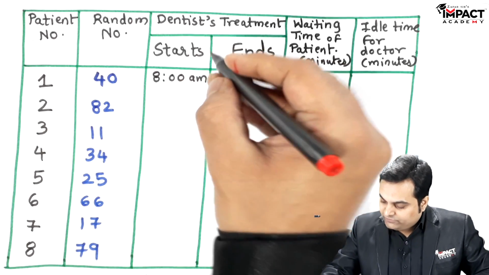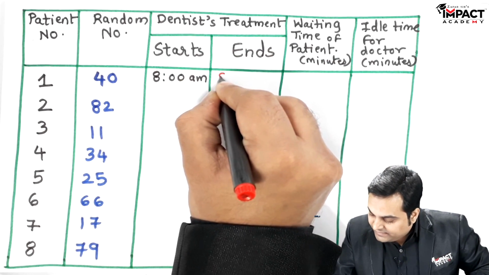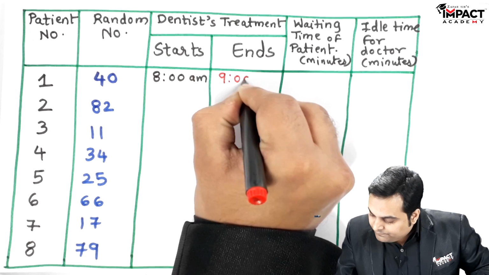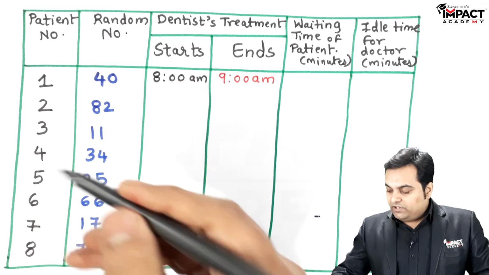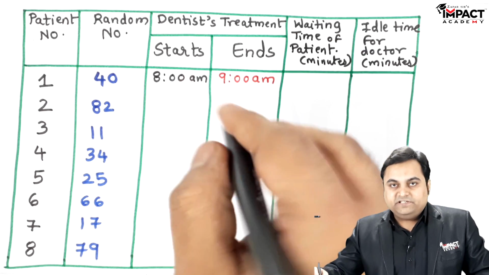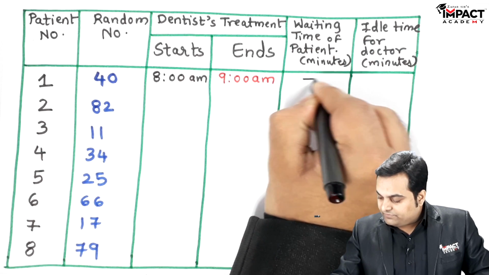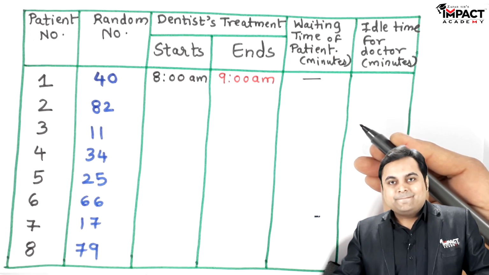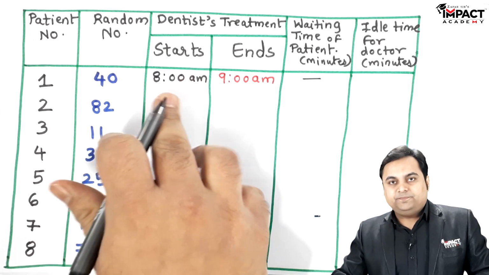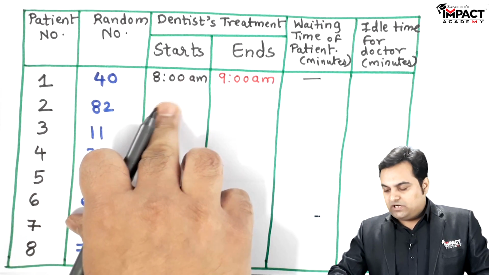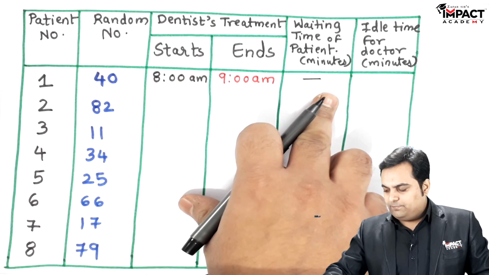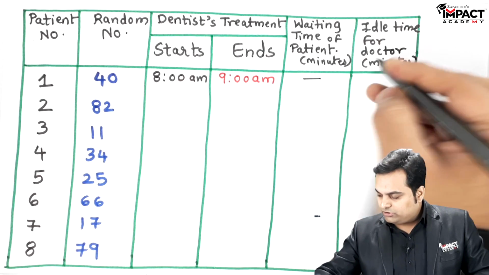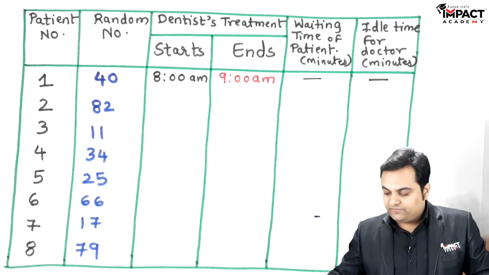So the end of the crown would be at 9 a.m. So it means that patient number 1 is not having any waiting time. So waiting time is nil for patient 1, because the moment patient 1 enters, the crowning operation starts, it takes 1 hour and then it is completed. So the idle time for the doctor also is nil, 0.